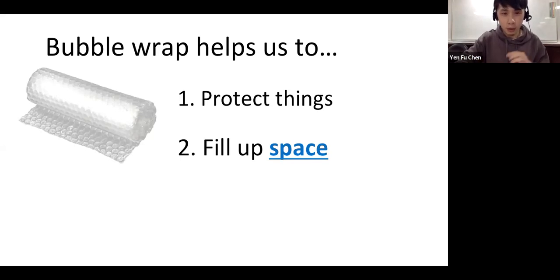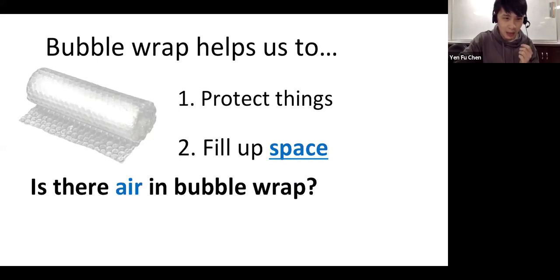So why do we put that bubble wrap inside the box? Because it can help us to protect things and also fill up space. So I asked them, is there air in bubble wrap? They also say yes, air is in the bubble wrap.